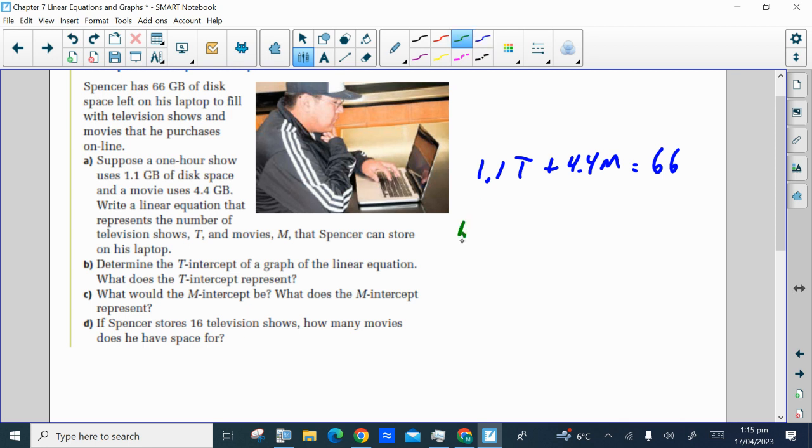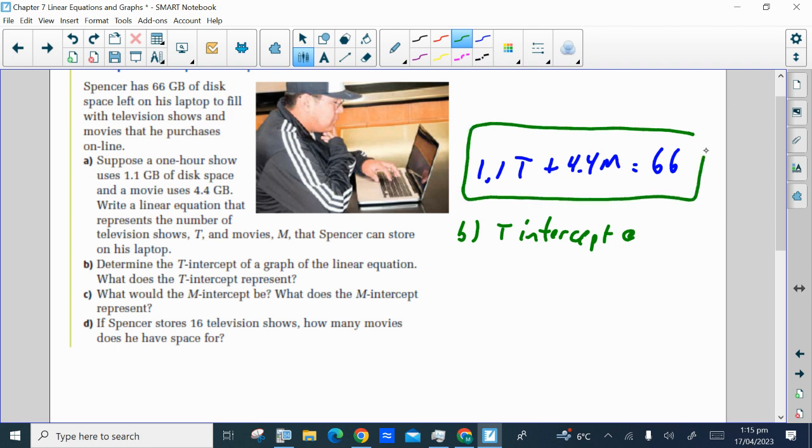Part B wants to know what the t-intercept is. How do we find the t-intercept for this equation that I've put up here?